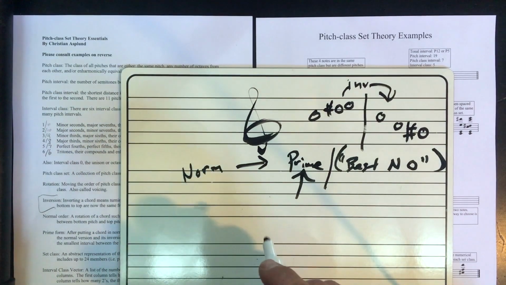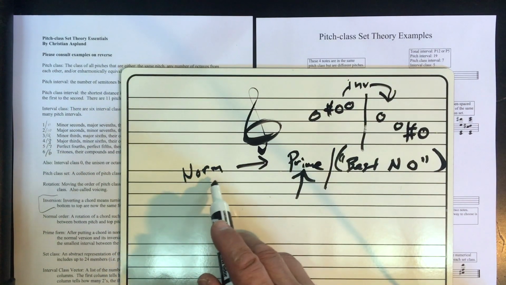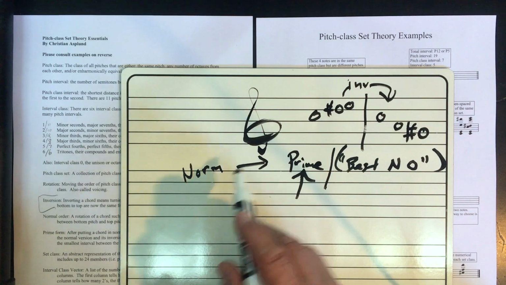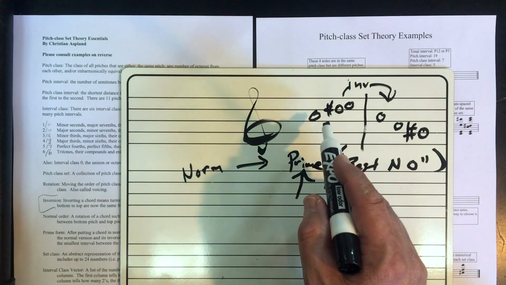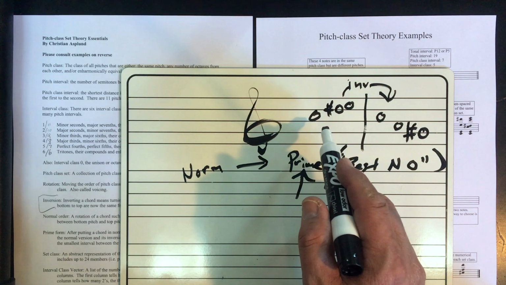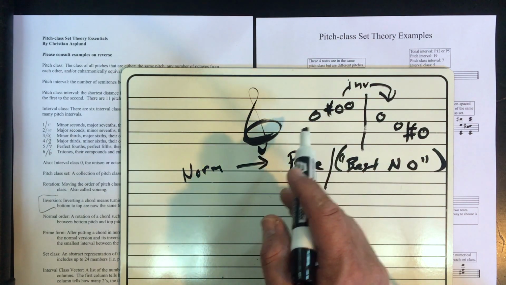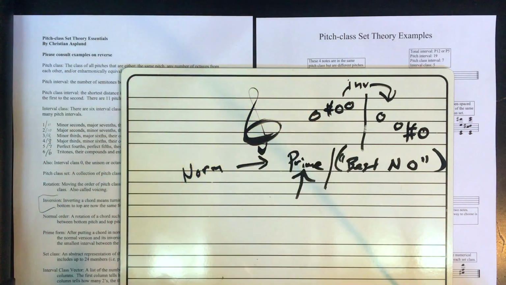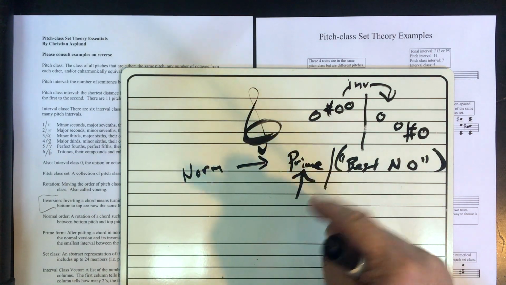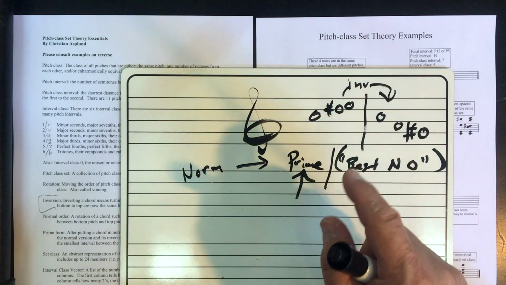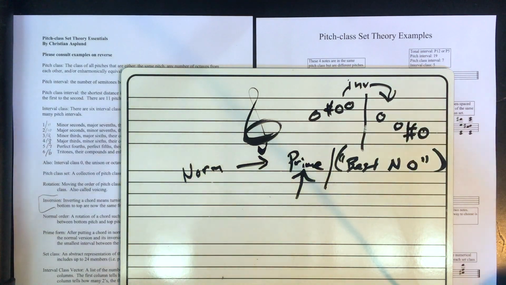So the difference between these two is normal order is the most compact version of a pitch class set. And if we have two different versions that are the same distance between the top and the bottom notes, then we choose the one where the second note is closest to the bottom, and if that's the same, then the third note, etc. When we get into the bigger pitch class sets, we might get this situation where we have all these tiebreakers, but we won't worry too much about that.